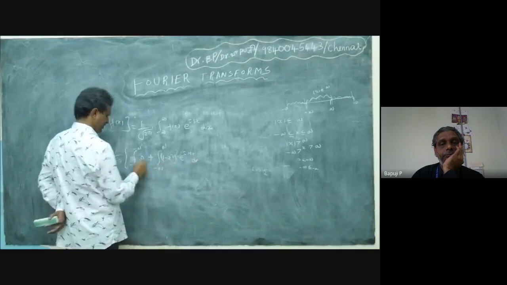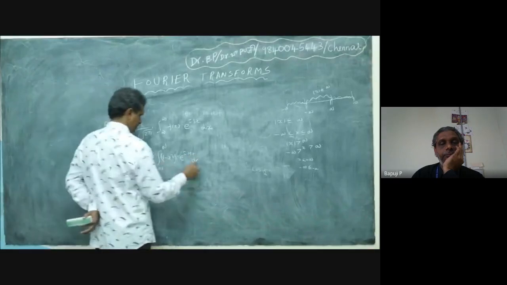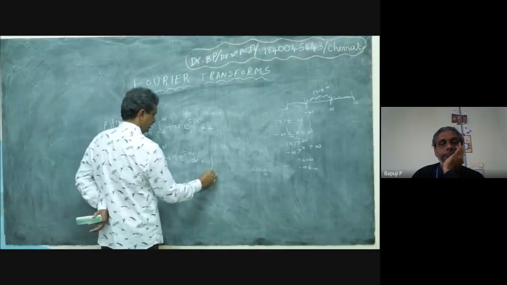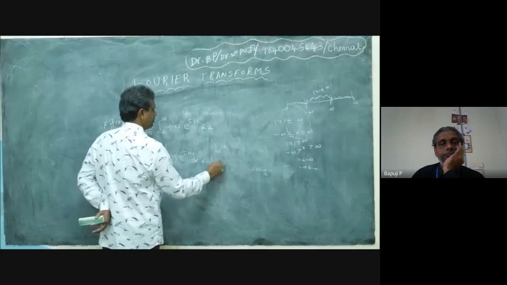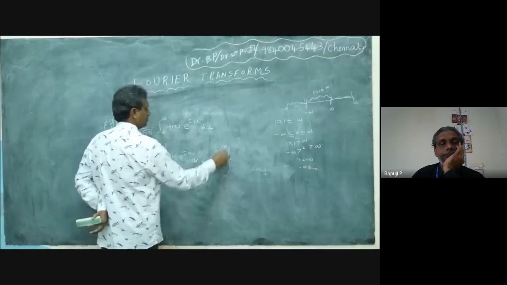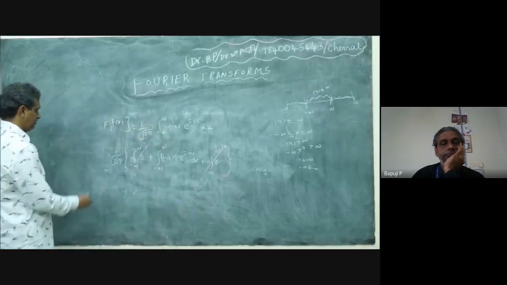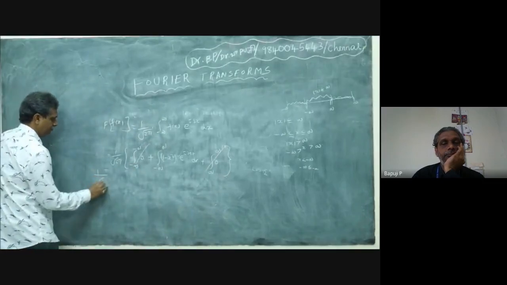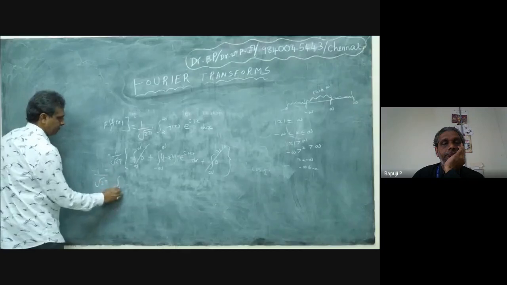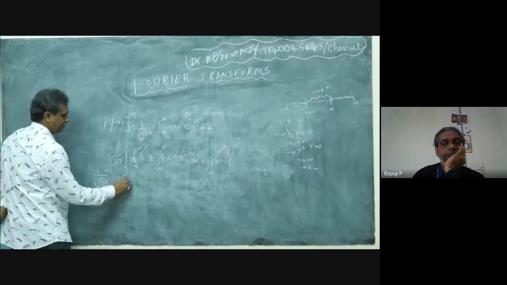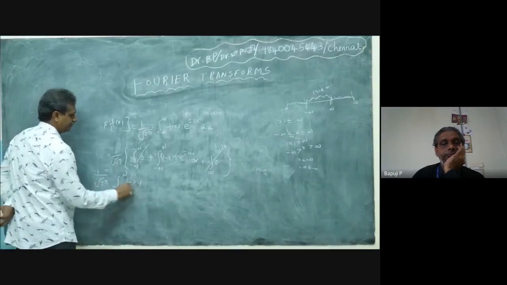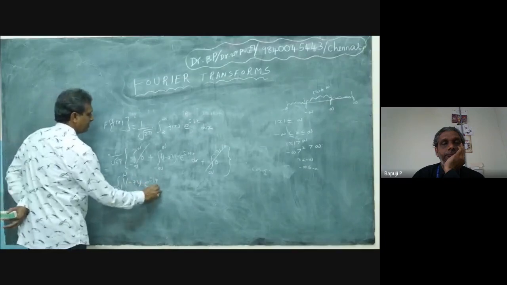Understand, 0 and 0 vanish. Then a to infinity, what will come? 0. So this is waste, this is waste. So the problem will stand as 1 by root 2 pi, integral from minus a to a of 1 minus x square e power isx dx.